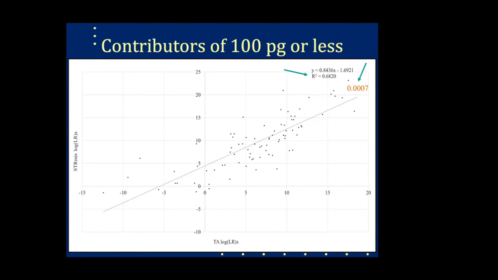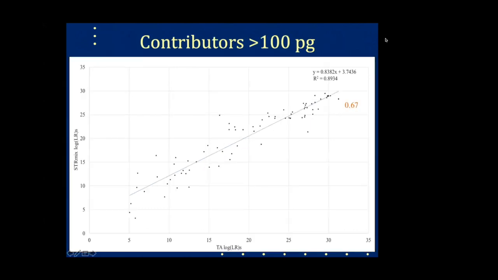The value is 0.0007. Conversely, and not surprisingly, on the next slide, when I look at just the contributors above 100 picograms, the R-squared is above 89%, and there's no statistically significant difference.